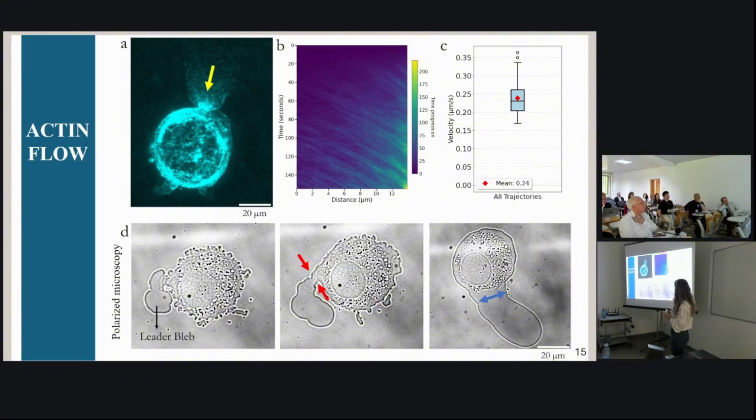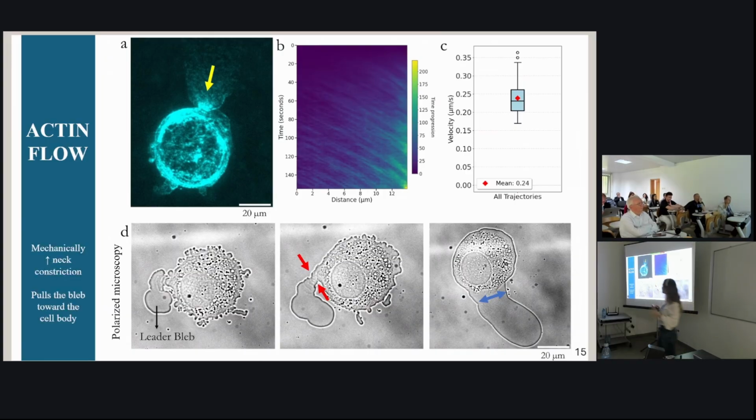The next images are from polarized microscopy, where we can see that the constrictive neck is accumulating actin at this point to limit the movement of cytoplasmic material from the cell body into the bleb. After a short period of time with the actin accumulated here, the cell starts to contract towards the cell body.